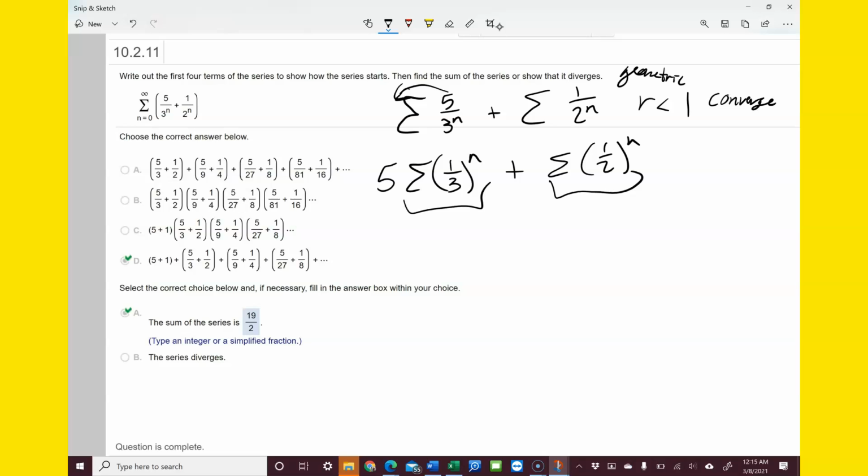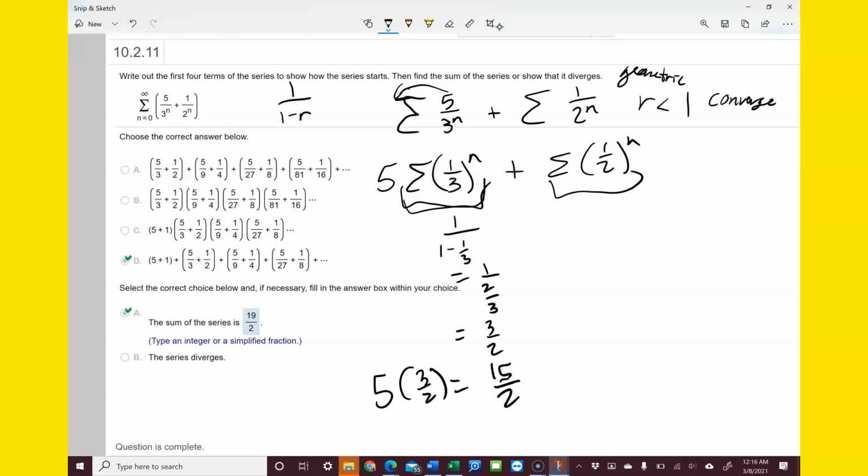The sum of a geometric series with r less than 1 is always going to be 1 over 1 minus r. So that should be easy to compute. This one right here is going to be 1 over 1 minus a third, which is 1 over 2/3, which is 3/2. So then we have 5 times 3/2 is 15/2. The sum of this part is 15/2.